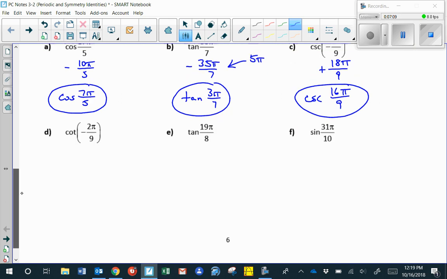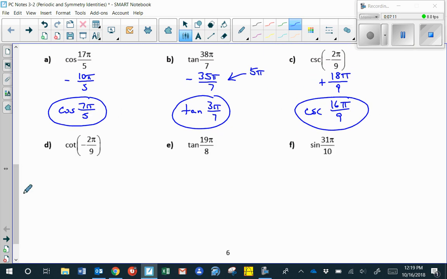In D, we have a cotangent function. And remember that cotangent shares the same period with tangent. So we can add any multiple of pi. Well, a multiple of pi is 9 pi over 9. So we can rewrite this one as the cotangent of 7 pi over 9.